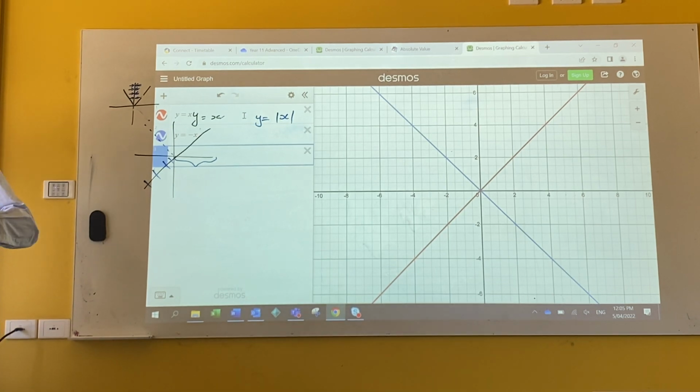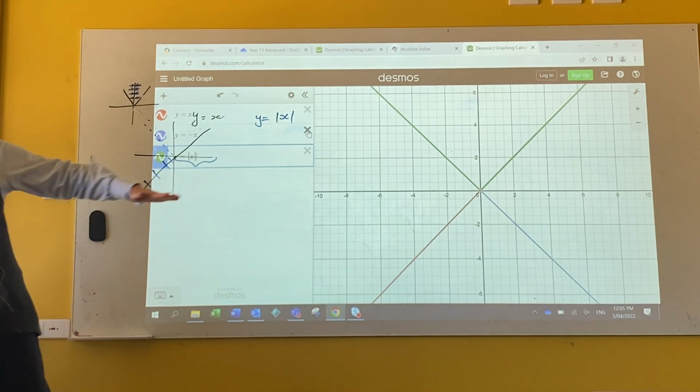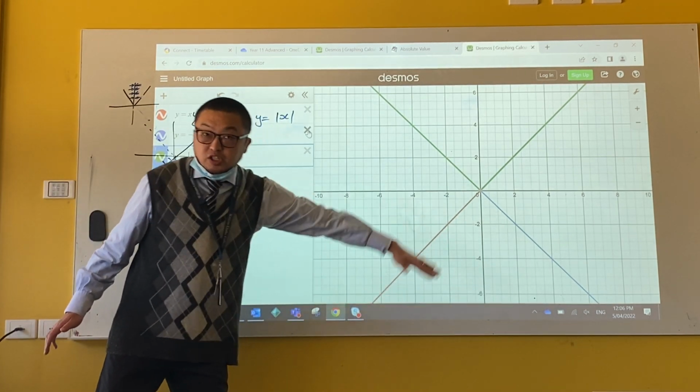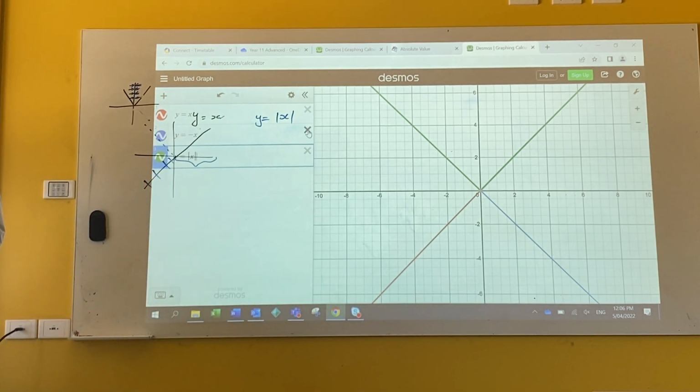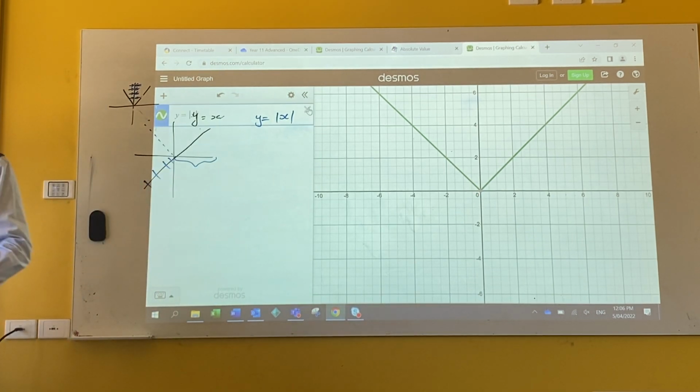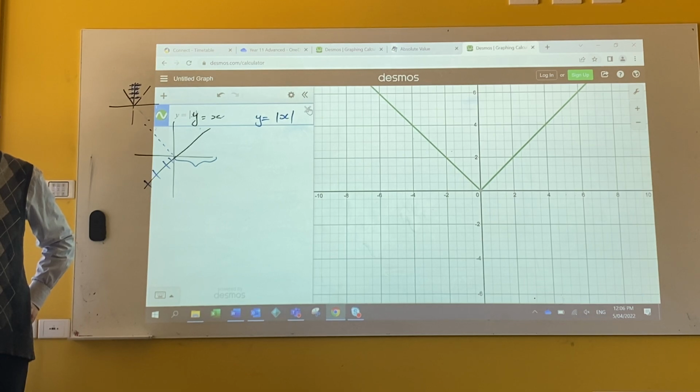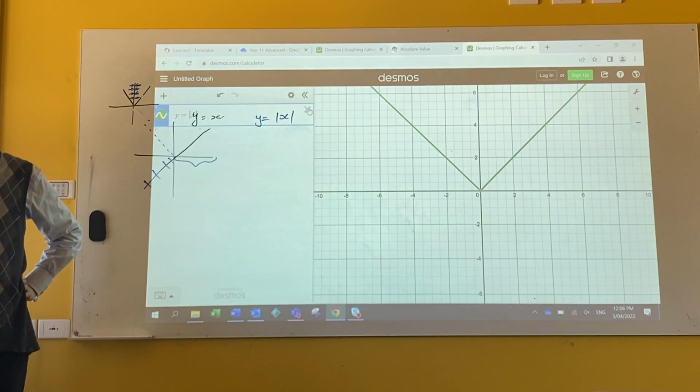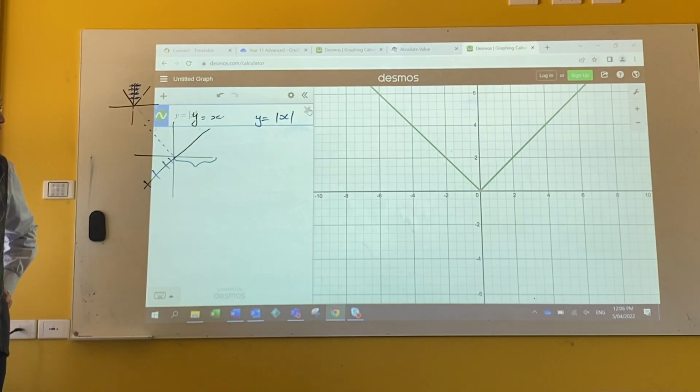But now when I take the absolute value of x, all the negative part will disappear. You mean the negative part of y? The negative part of y, down this part, will disappear. Yep, very good. You can look at this. Make sense? Yep. Very good.